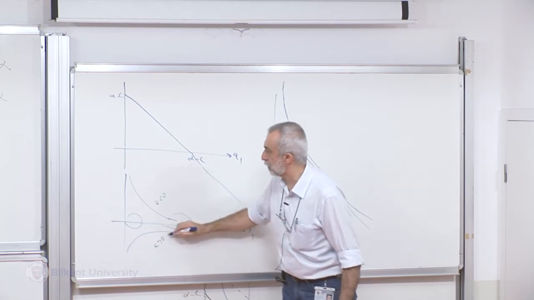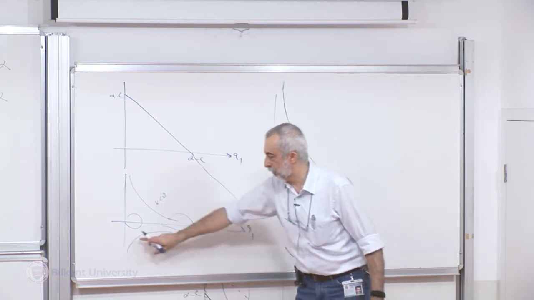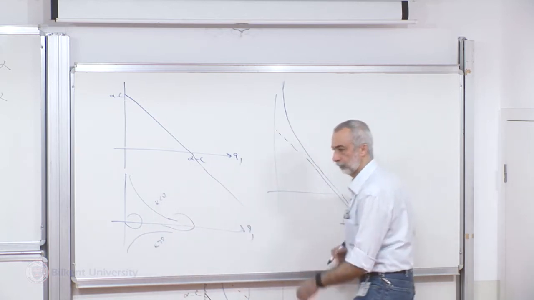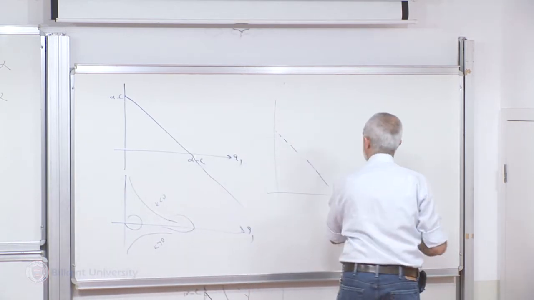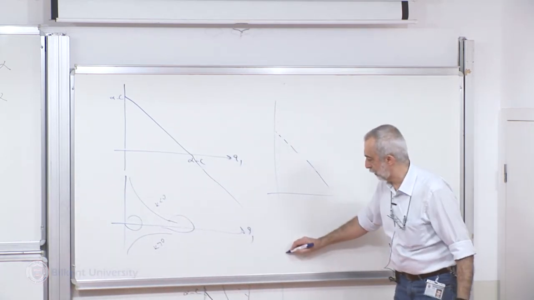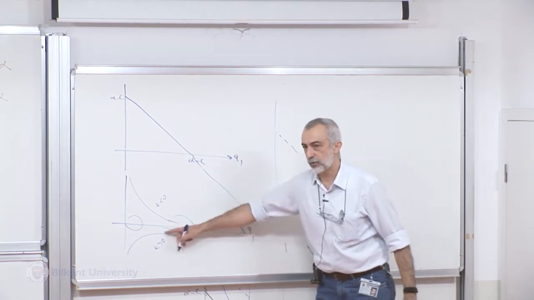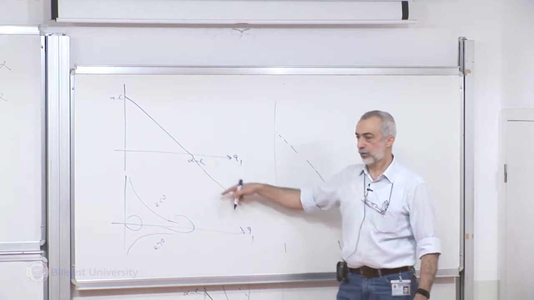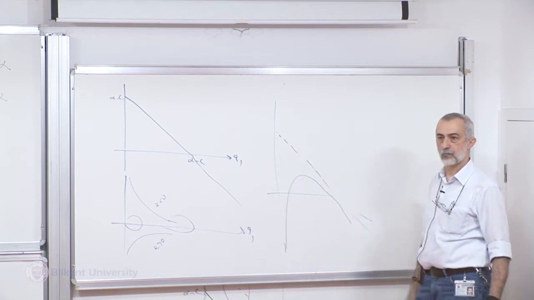So I'm adding this to this. Again, for small q, this part will dominate. So I will have something which goes on like that. And as q1 increases, this will get close to 0. So the line part will dominate. So maybe I will have something like this.